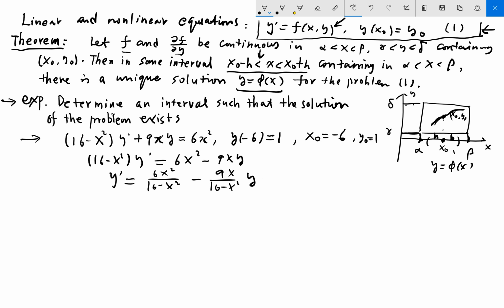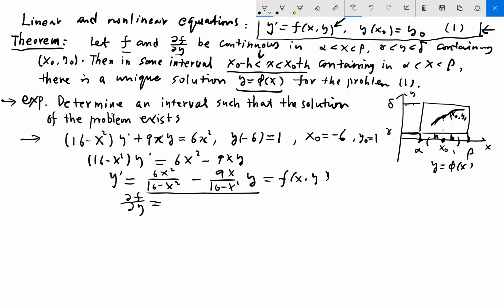So the right-hand side is our f(x,y). Next, let's find the partial of f with respect to y. My f(x,y) is this whole thing. Now, the partial of f with respect to y.